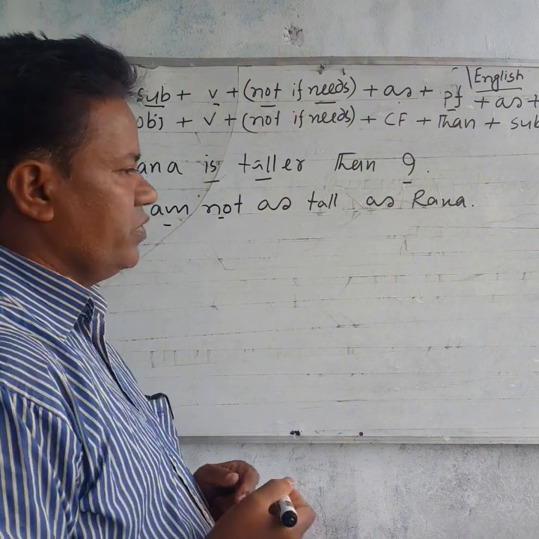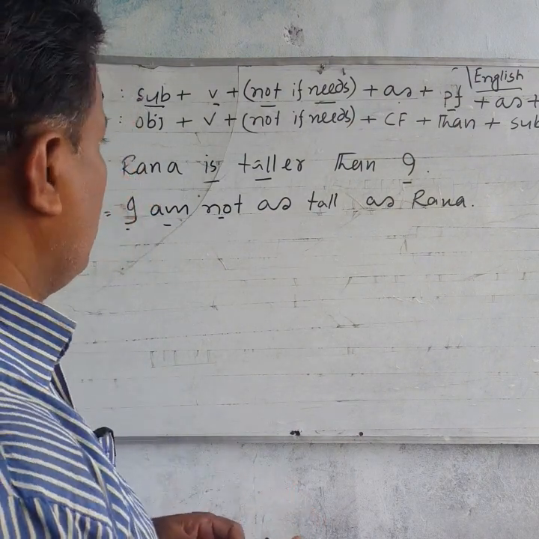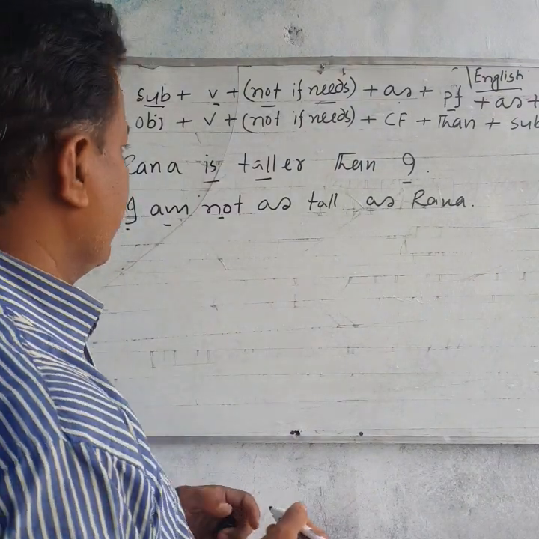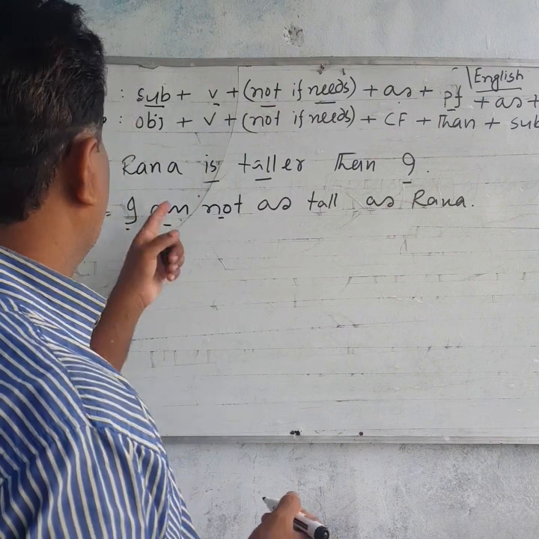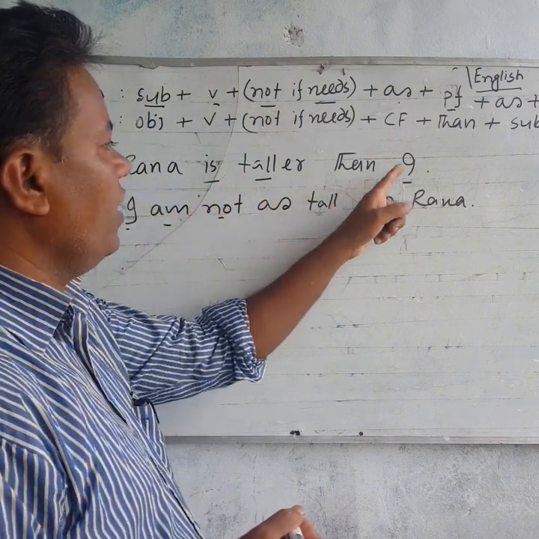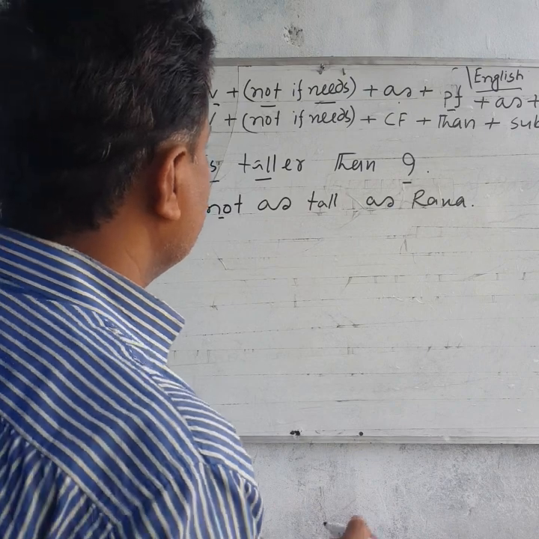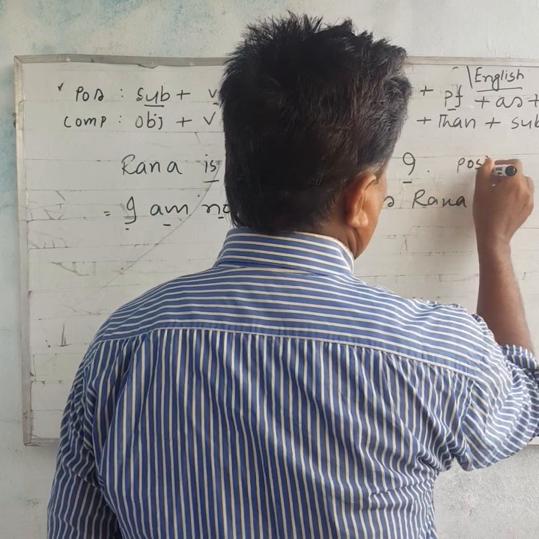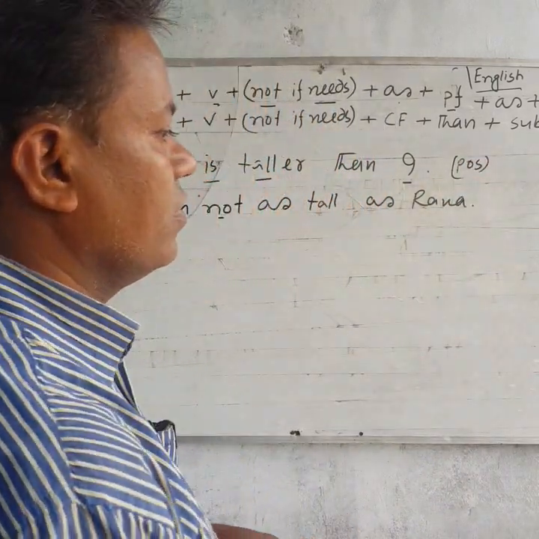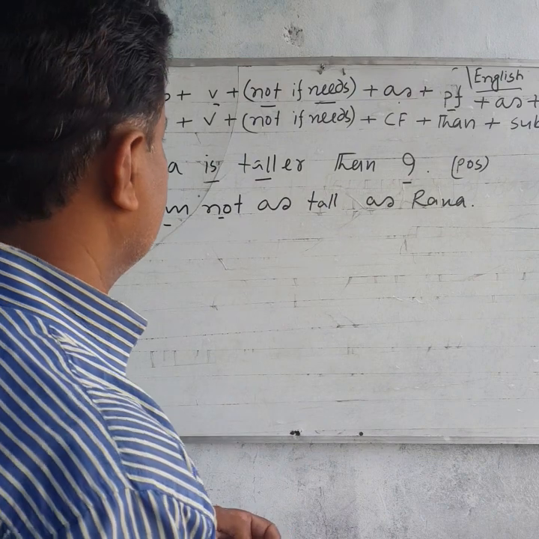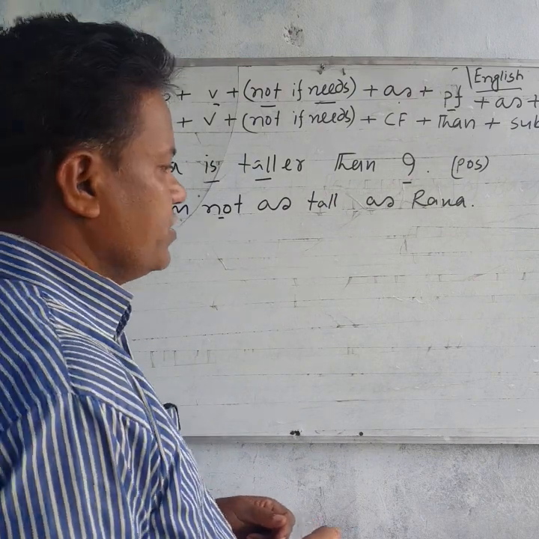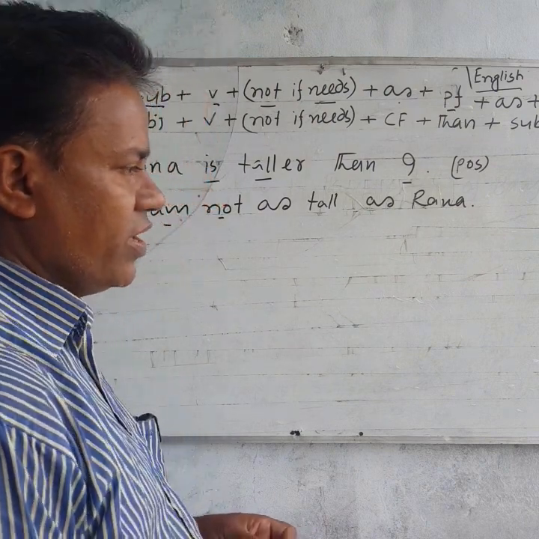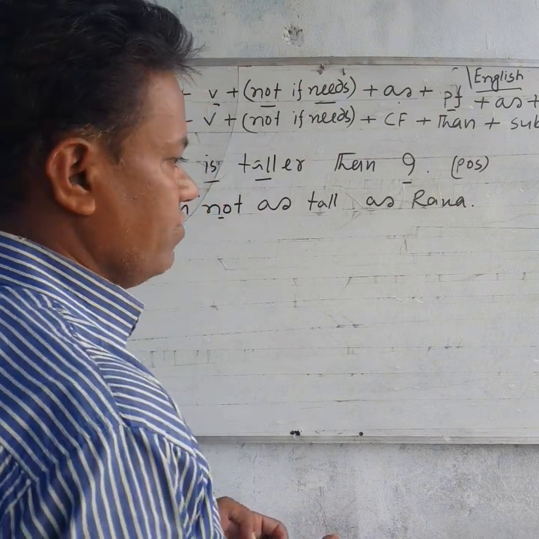I hope all of you have understood well. Again I explain this. Rana is taller than I, turn into positive. So such a sentence, first you have to recognize, because there are a lot of rules in degree.